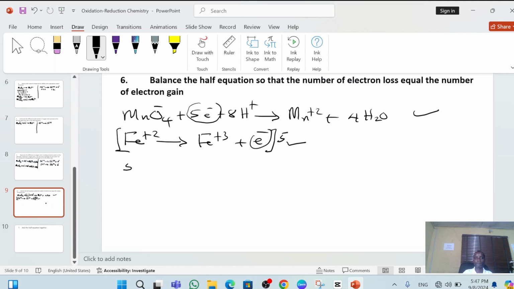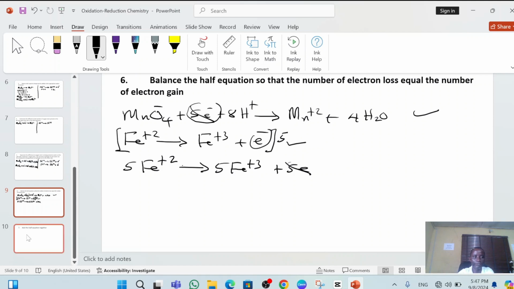Therefore, we have 5 iron 2 plus to 5 iron 3 plus plus 5 electrons, and then from here it is balanced. That means the electrons cancel.